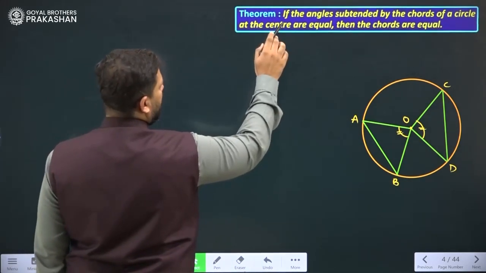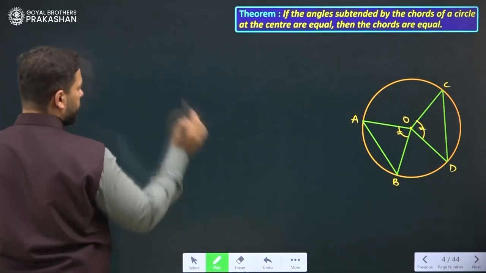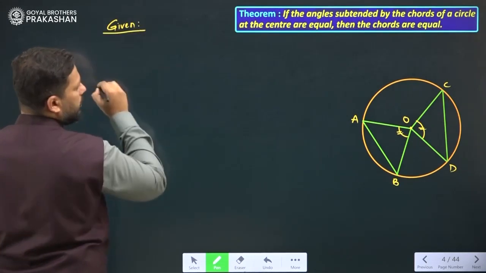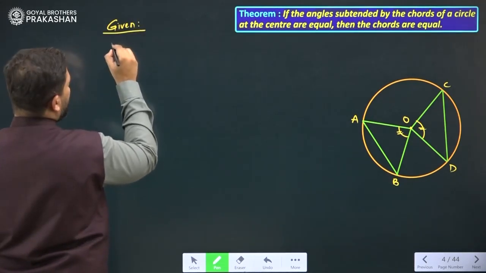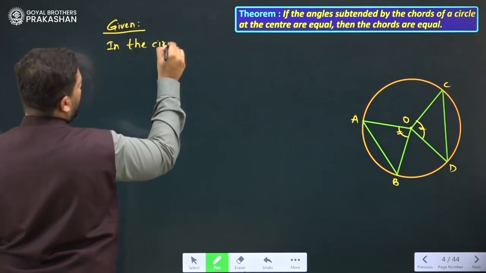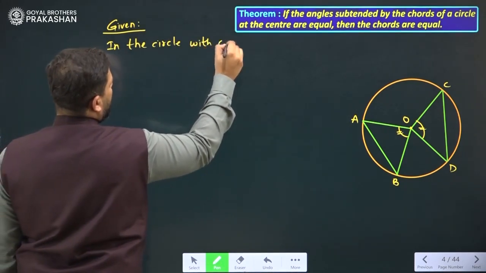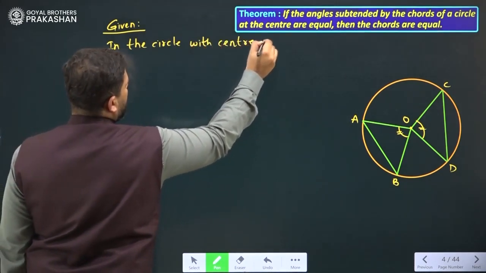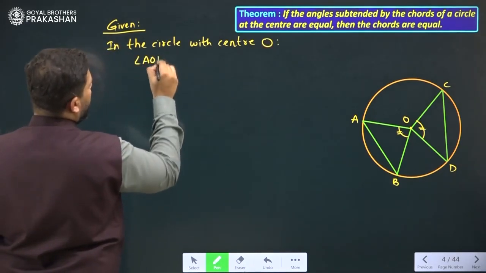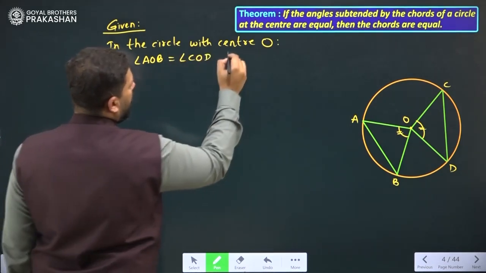So first things first, given: in the circle with center O, angle AOB is equal to angle COD.